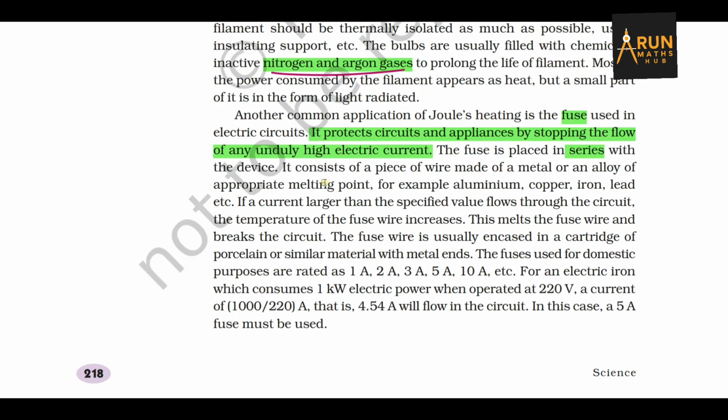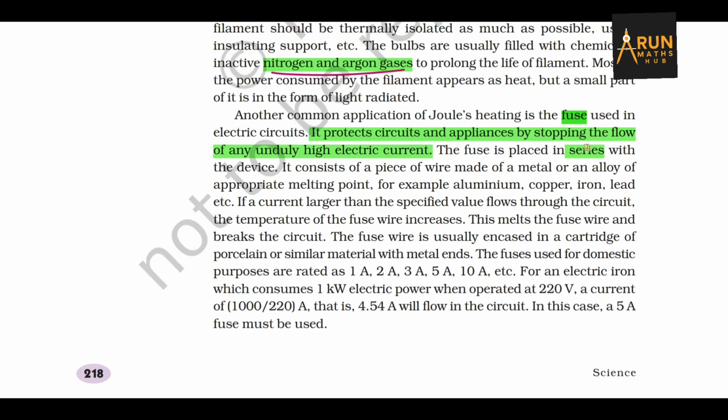Students, it's taking time, still I am going in detail. You should try to make all these points. If you are watching this, you can definitely expect similar questions or same concept based questions in the examination. What is a fuse here? It is an electrical safety device.